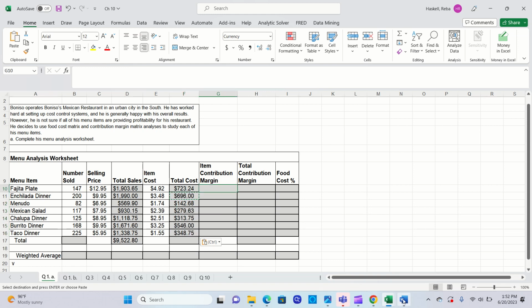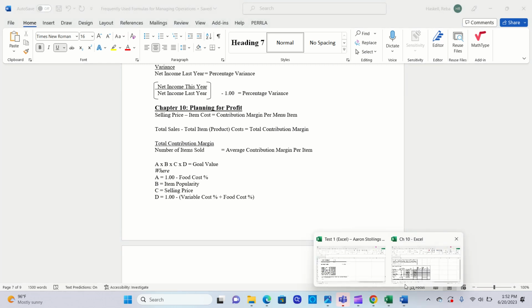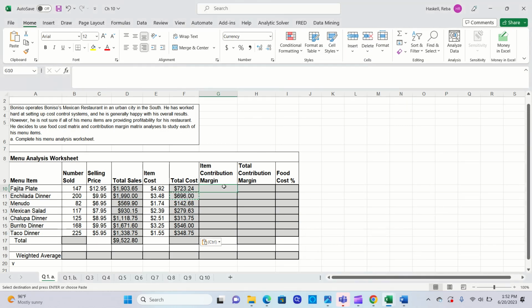All right, so our contribution margin. If we look at our formula sheet, our contribution margin per menu item is our selling price minus our item cost. So to get our contribution margin per item, we take our selling price and we subtract our item cost. No, I did that wrong.